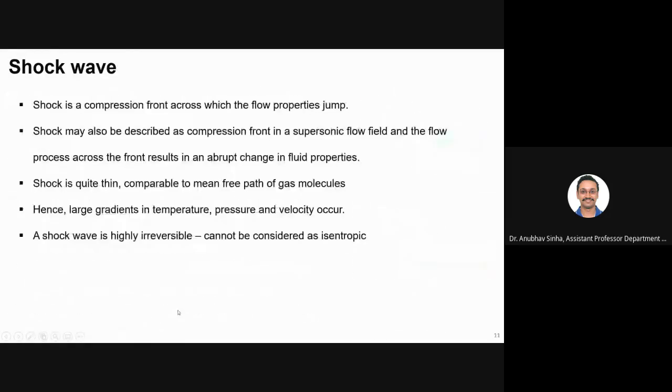So shock wave can basically be defined as a compression front across which flow properties jump. So there is a drastic change.